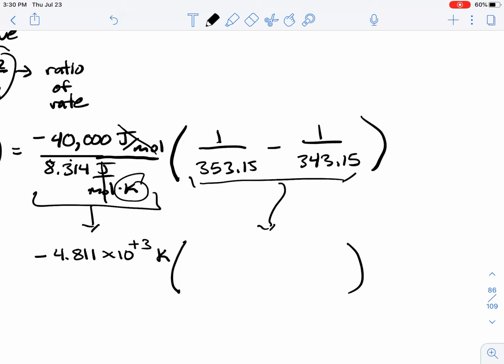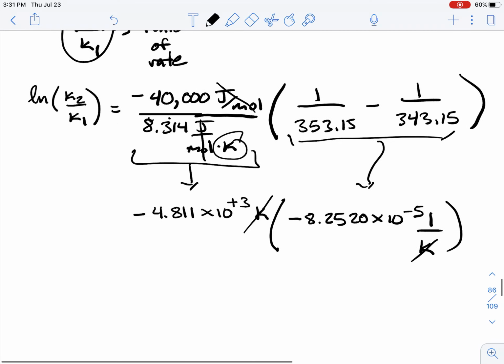So what I get is negative 8.2520 times 10 to the negative 5, 1 per Kelvin. So notice that the Kelvins cancel, and the final answer becomes unitless.